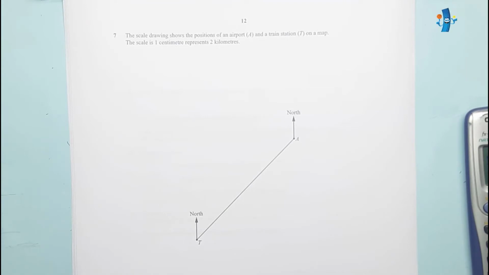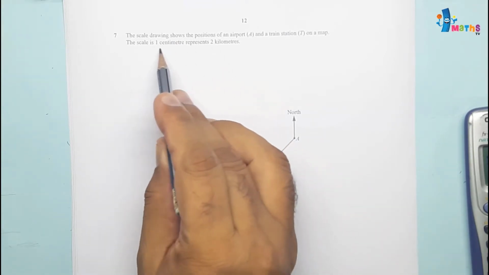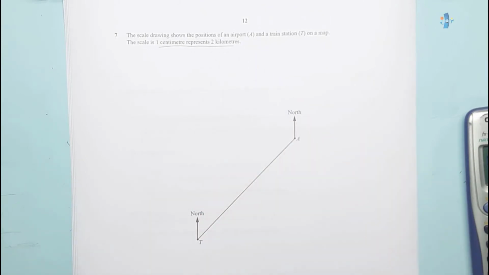The scale drawing shows the positions of an airport A and the train station T on a map. The scale is 1 centimeter represents 2 kilometers. This is given.